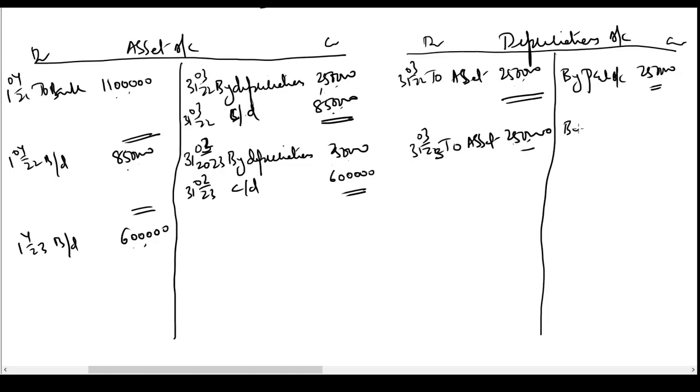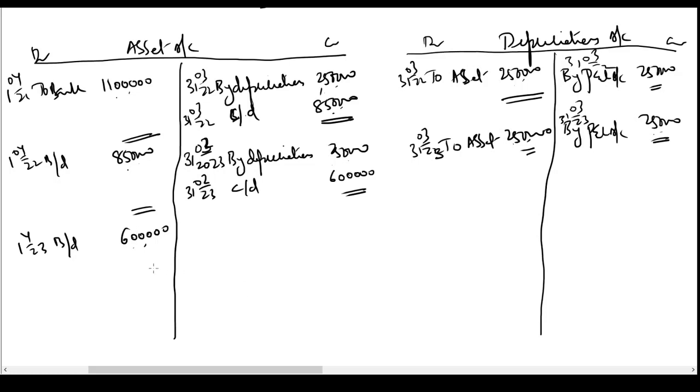Here the balance in depreciation account will be transferred to P&L account on 31st March 22 and 31st March 23. We'll transfer the amount to P&L account and close the account.